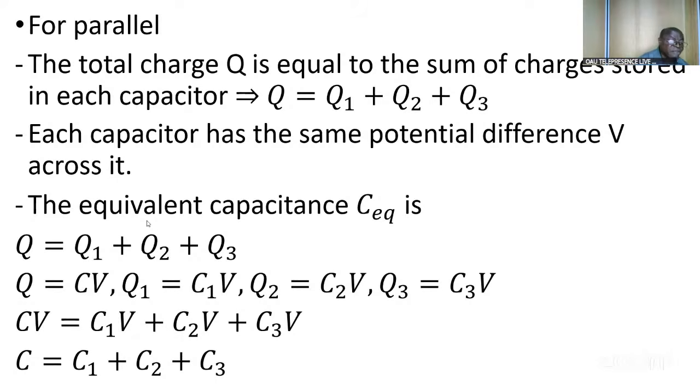The equivalent is the sum of the capacitances of the capacitors, as you have in the electric circuit. That's why you have C is equal to C1 plus C2 plus C3. So whenever you have a parallel circuit, you sum up the capacitors, and that is what you have for parallel circuit.